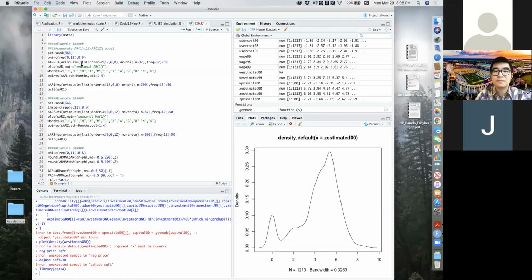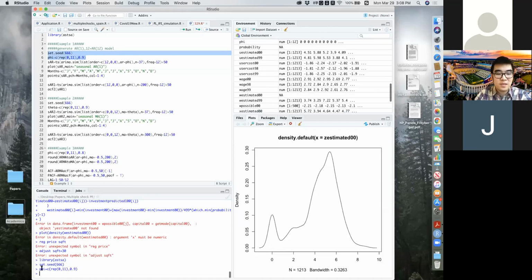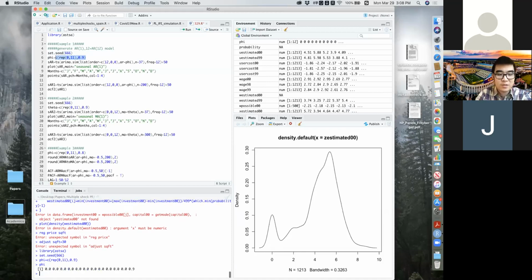Then this is our phi. You can see that the phi we generate is a sequence. Let me open it for you. The first 11 coefficients are 0, and coefficient number 12 is 0.9. Again, this is very different from the pure ARMA model.